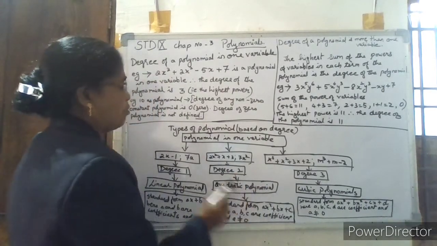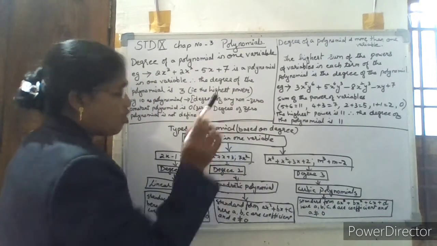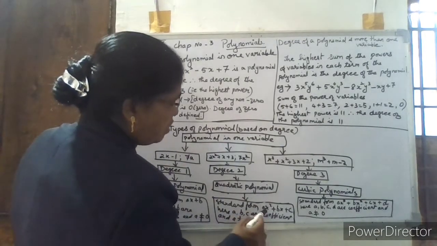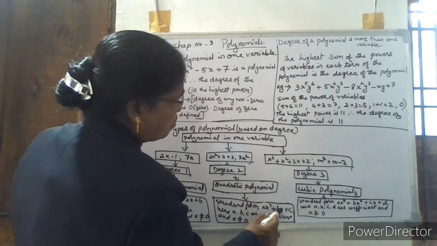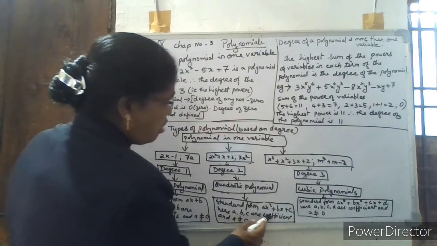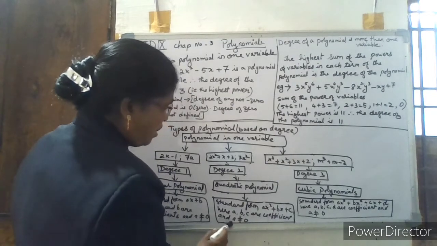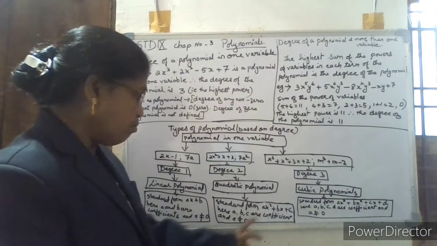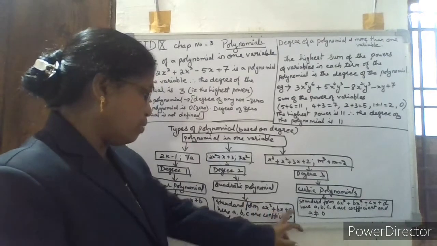These are examples of quadratic polynomial. The standard form of quadratic polynomial is ax squared plus bx plus c. Here, a, b, c are the coefficients and a is not equal to 0. A must not be equal to 0, but b and c can be 0.